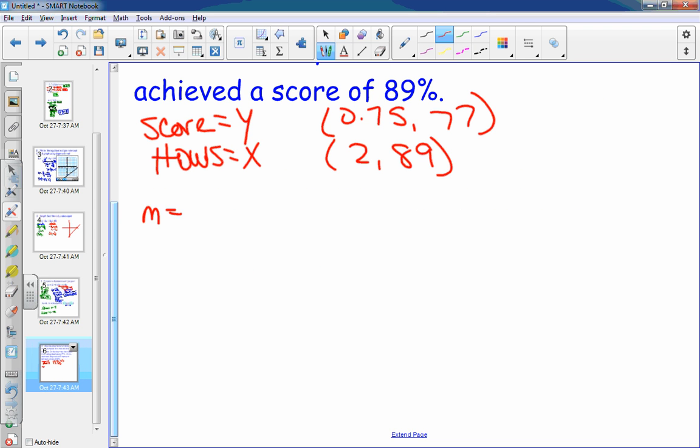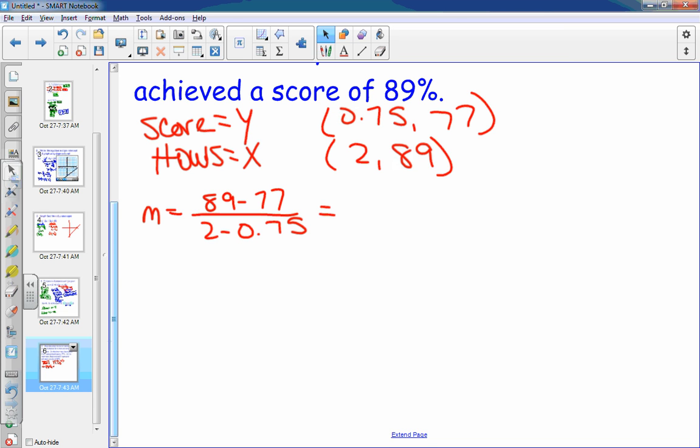Find our slope. Our slope is going to be 89 minus 77 over 2 minus 0.75. If you type that in the calculator, what do you get? Type the whole thing in the calculator. You do not have to make this a big issue.